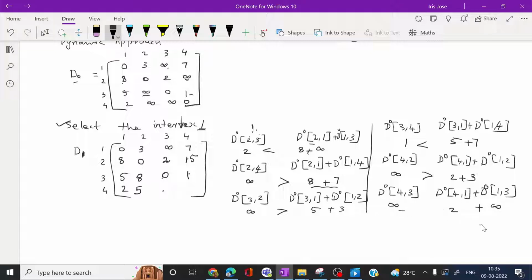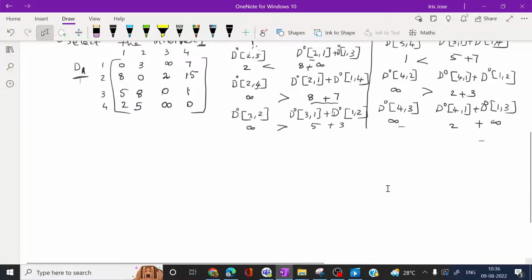Both are infinity, so we will keep the infinity value here. Then this is 4 4, D044, again a diagonal element, so the value will be 0. So this is how we obtain the distances D1. D1 means we are finding the distances between each pair of vertices by considering vertex 1 as the intermediate vertex.